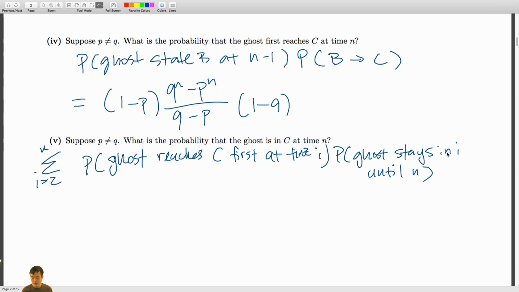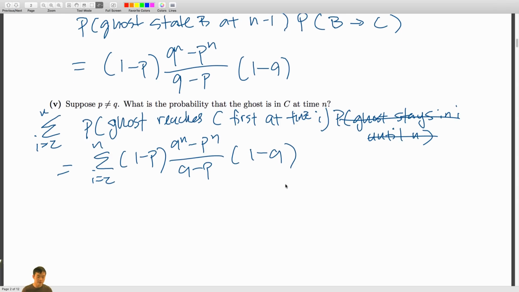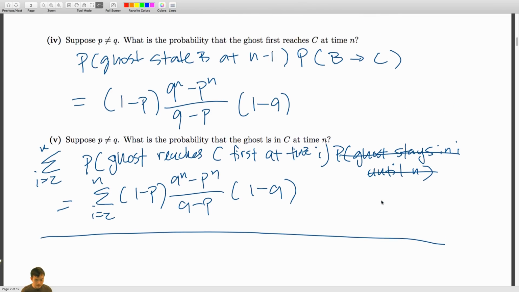We can eliminate this probability because it's equal to 1, because once you're in state C, you're stuck in state C. So we can plug in the probability from the previous part to get the summation from i equal to 2 to n of the numbers we calculated from the previous part. This is pretty ugly because now we have a summation over a lot of terms, so you might think of a way to do this with simpler arithmetic and number crunching.